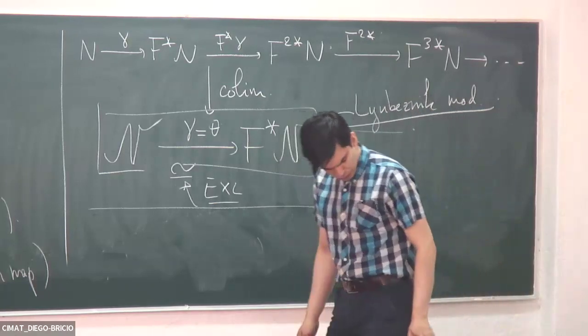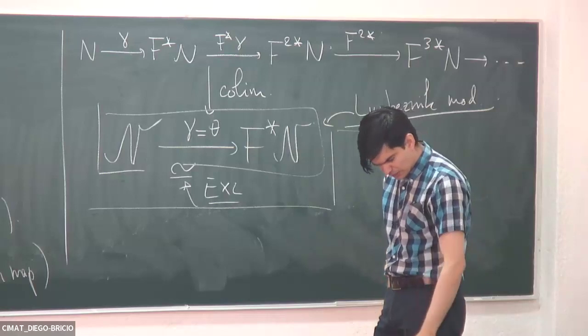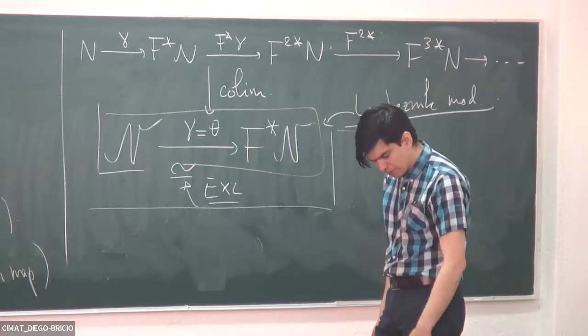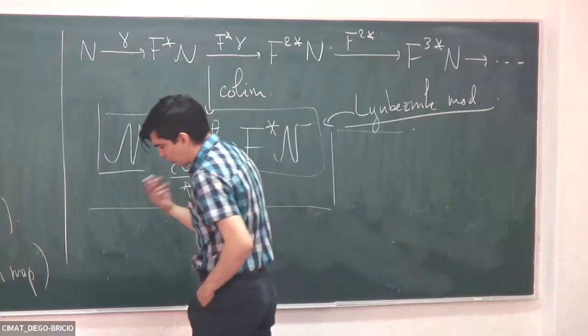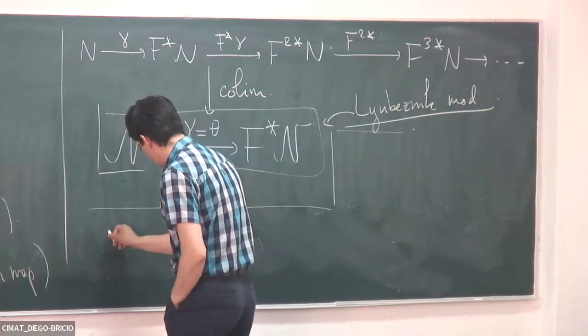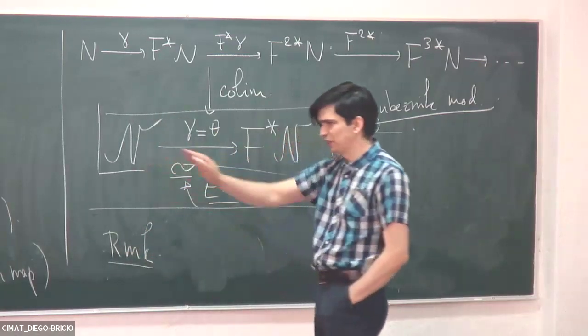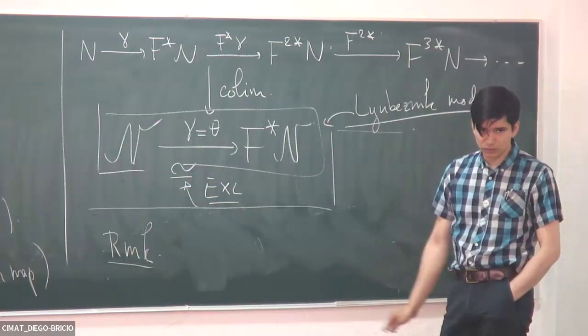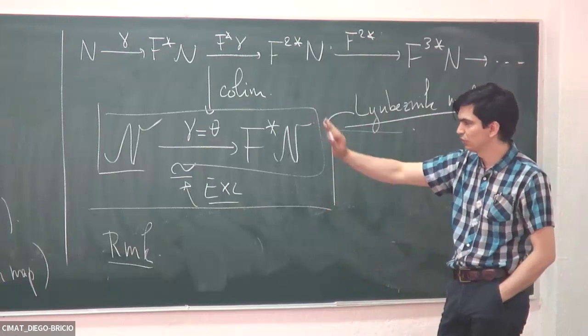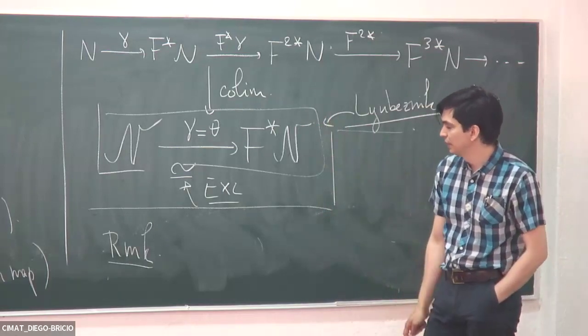So here is, I just put it as a remark, but it's an important remark. You may want to do this if you have the will. Remark. So as I was saying, the definition doesn't require R to be regular at all. It doesn't matter. You can just define it for whatever ring you want.